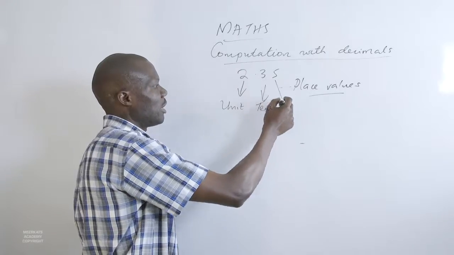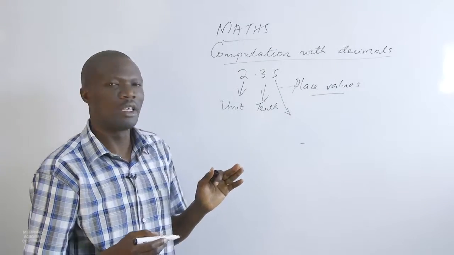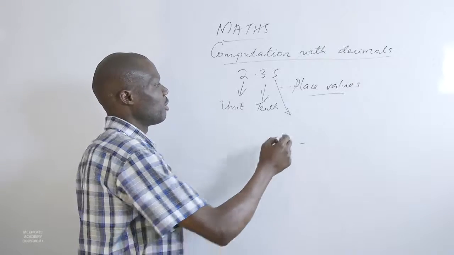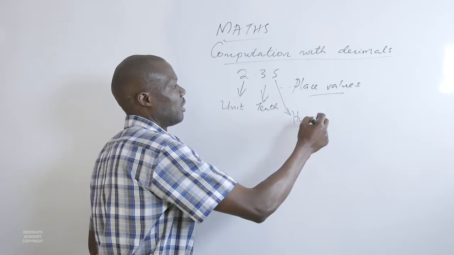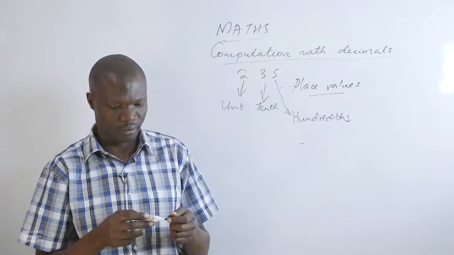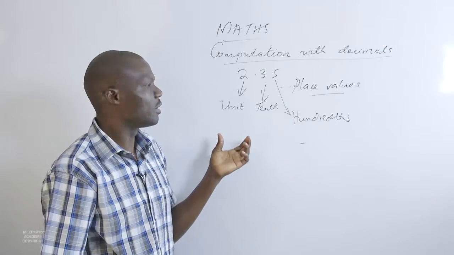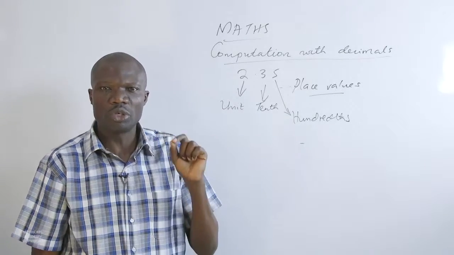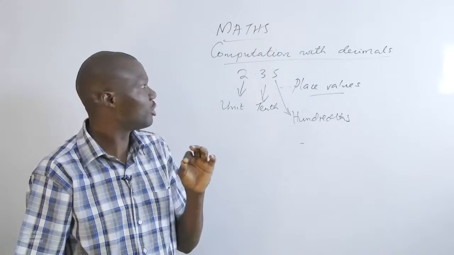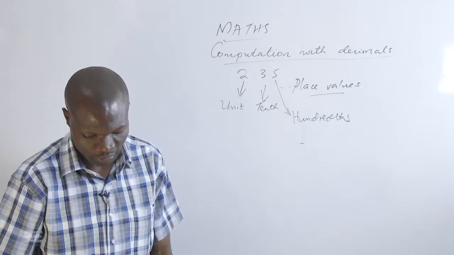And lastly, the last one here is a decimal part which forms the hundredths. So we are saying that for you to add and subtract decimals, you must know what we call the place values.